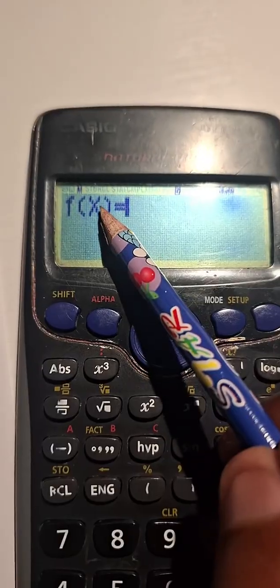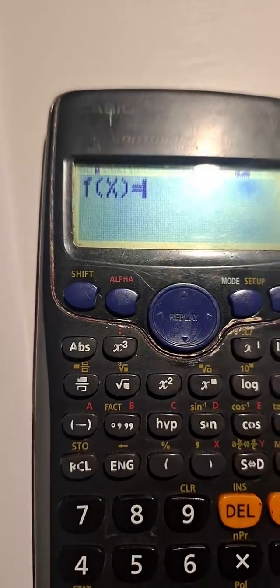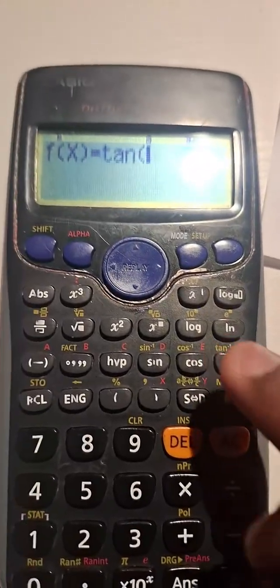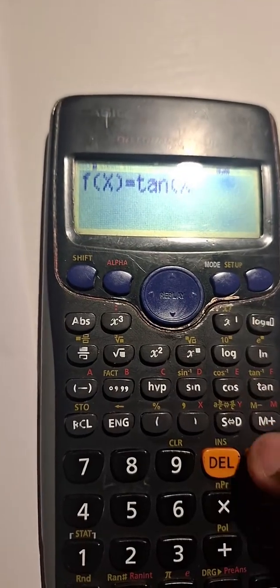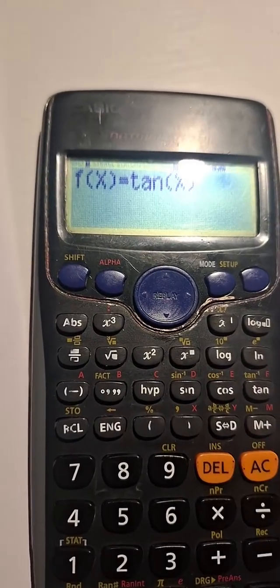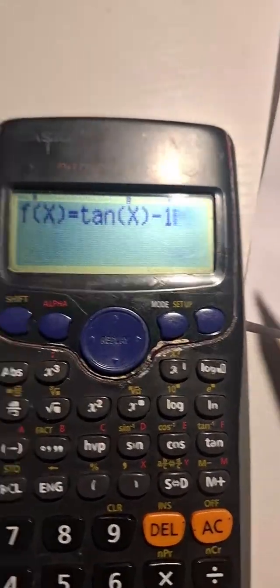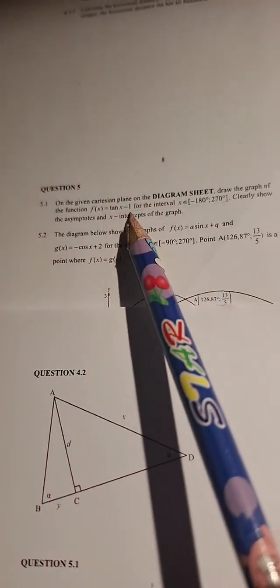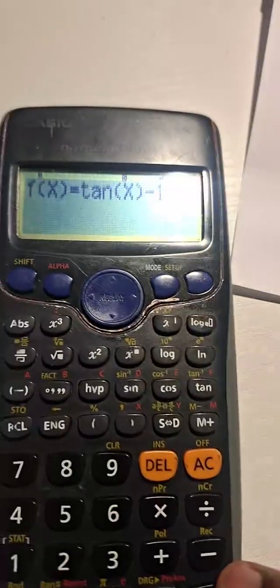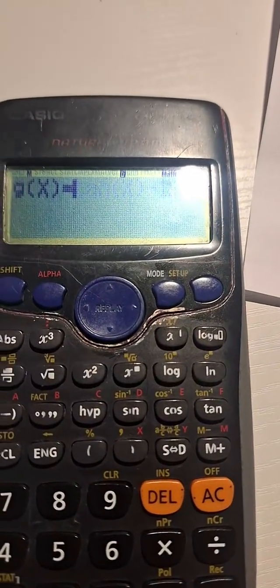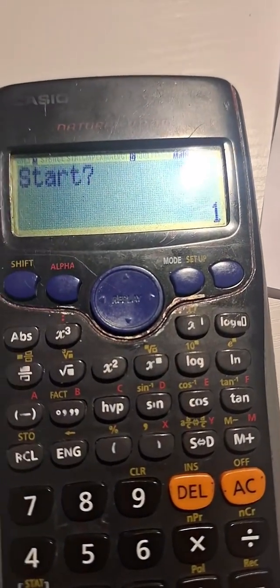Then we should see this functional notation f of x equals, then we can type in tan, alpha x in red, close, minus 1. This should be typed as we see it here. Then we say equal; g of x, we don't want a second function.